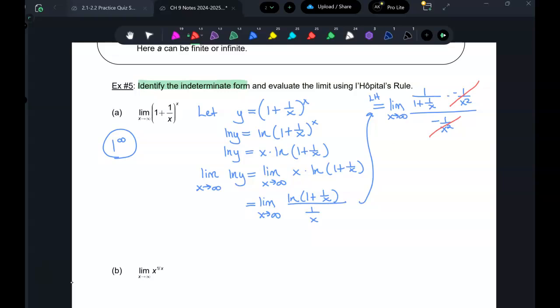Which means I should get what I wanted, which was 1. So remember, if natural log of y was equal to 1, then that means y has to be e. Therefore, my limit as x approaches infinity of 1 plus 1 over x to the x power is equal to e.